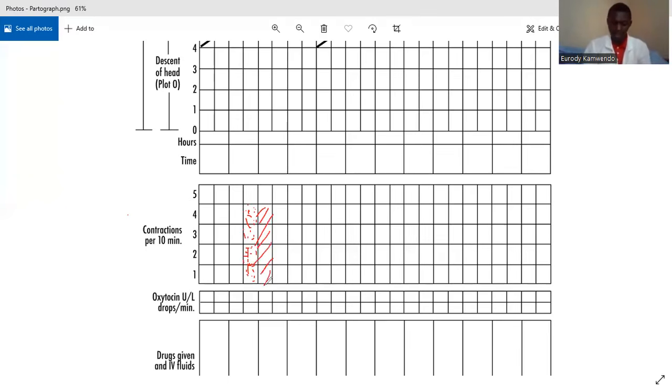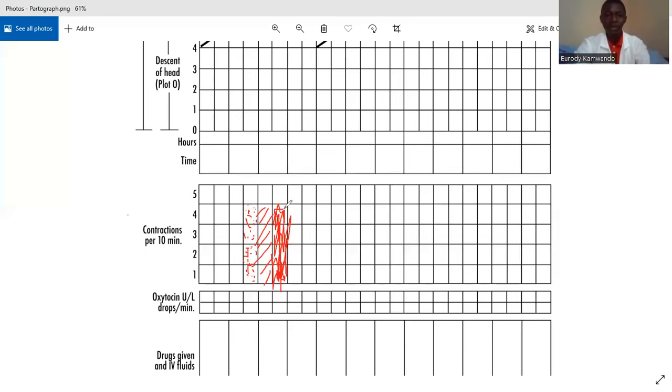Then if the woman has contractions which are lasting more than 40 seconds, you are going to shade these boxes. So if the contractions were 4, you fill the boxes by shading them.